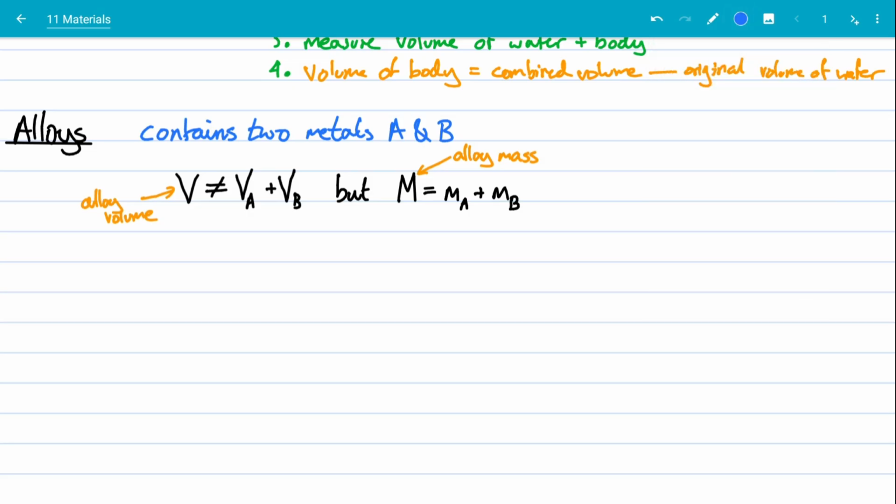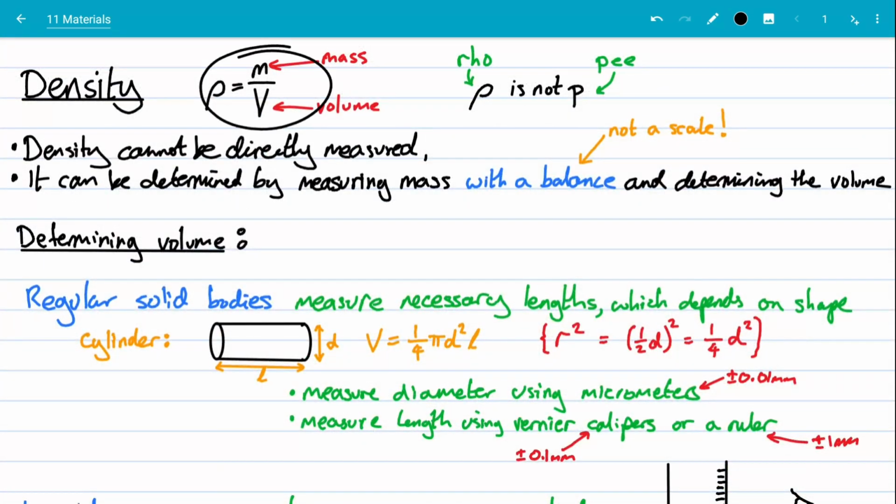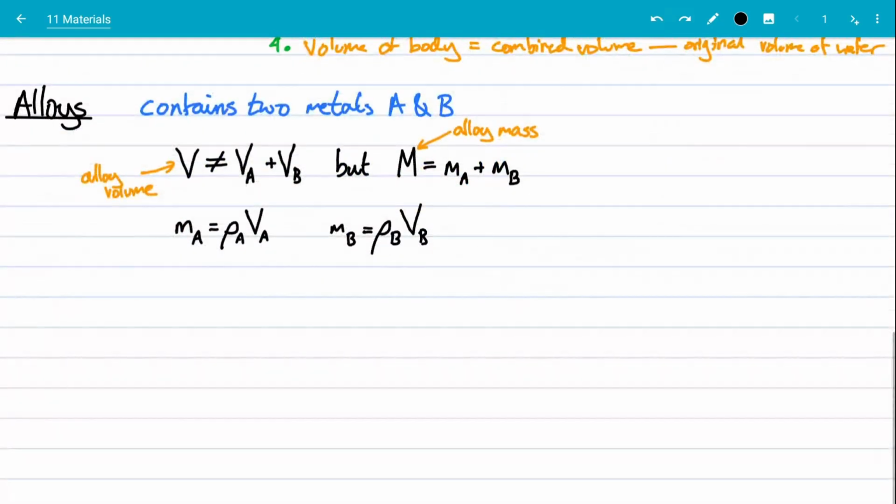Remember as well that density is mass divided by volume. So that means the mass of A is going to be equal to the density of A multiplied by the volume of A, and the mass of B is the density of B multiplied by the volume of B. All I've done there is rearrange the equation we had right at the start, our GCSE equation.